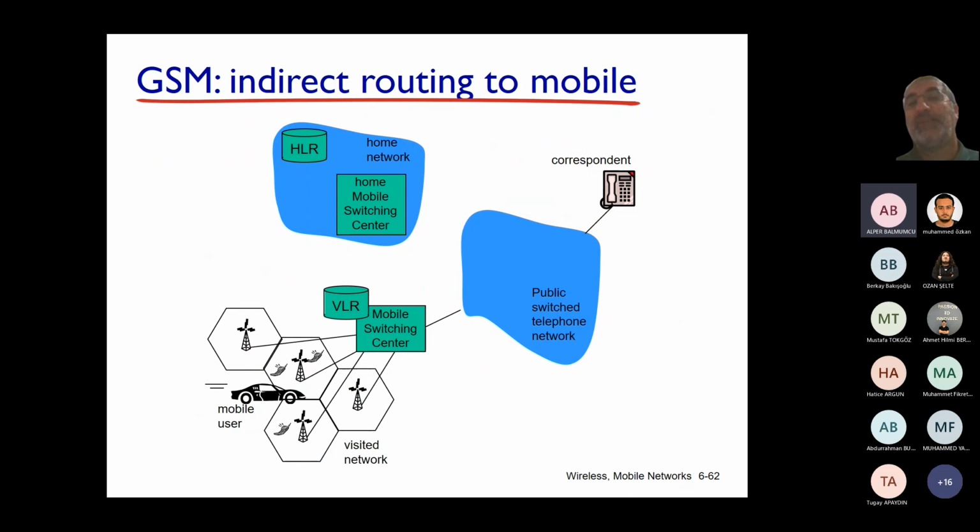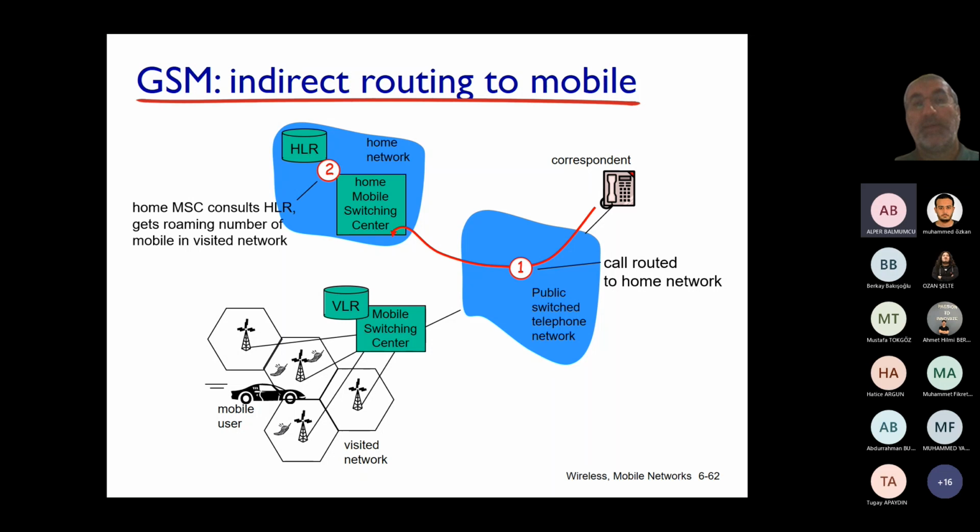So let's look at the indirect routing in the GSM case. So this is the correspondent. Your parents or your friends want to talk to you, so they initiate a call. This call is routed to your home network, first of all. And in your home network, you have a home agent, right? So before the home agent, we have this home mobile switching center.